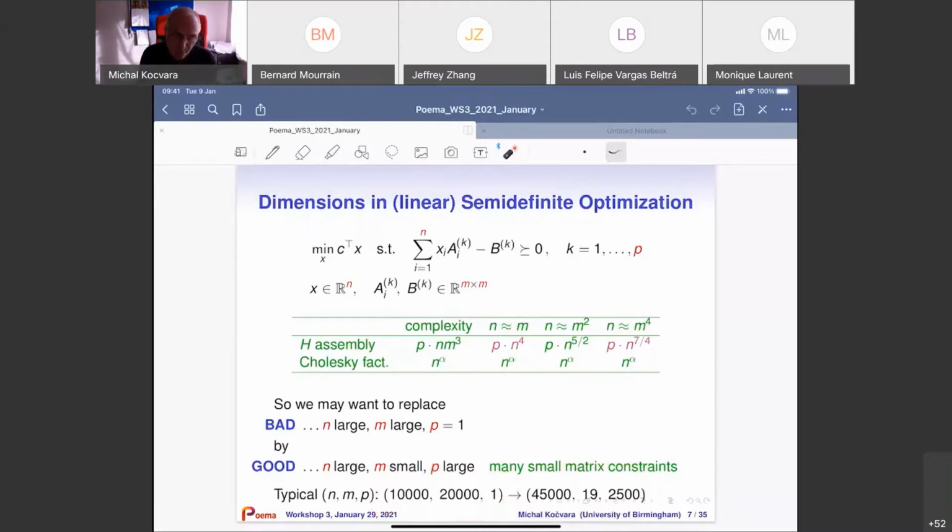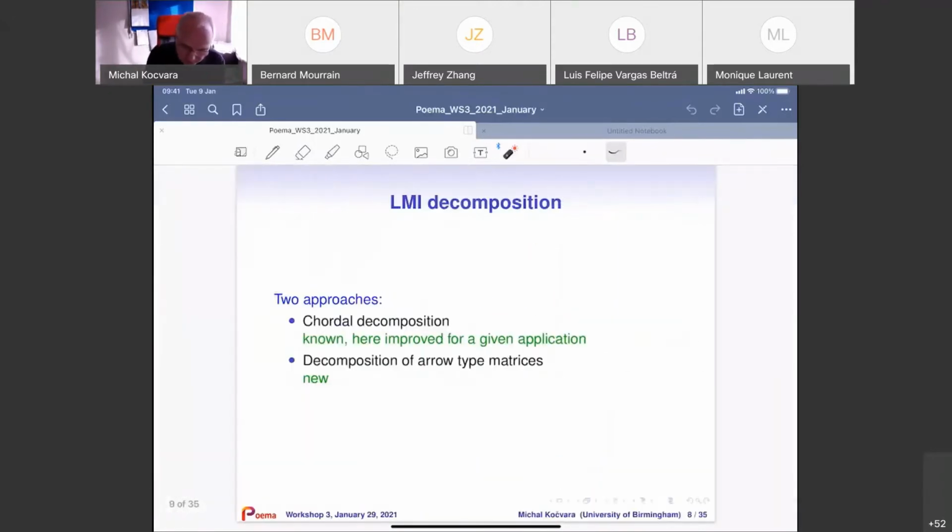So how can we reformulate a problem with this type of dimension as an equivalent problem with these dimensions? I'm going to introduce two approaches to that. So that was an introduction, why do we need the decomposition? One is a well-known approach, at least in the SDP community, which I'm calling chordal decomposition of the matrix.